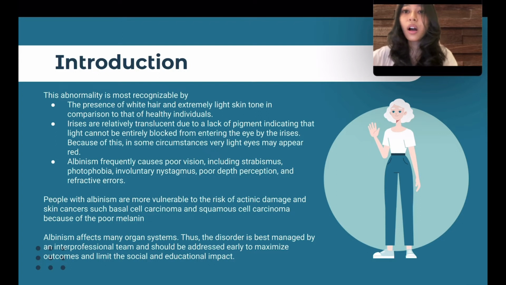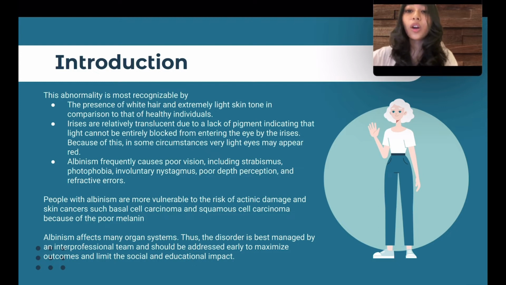Albinism frequently causes blurred vision, including strabismus, photophobia, involuntary nystagmus, poor depth perception, and refractive errors. People with albinism are more vulnerable to the risk of actinic damage and skin cancer such as basal cell carcinoma, squamous cell carcinoma, and it is all because of the poor melanin.